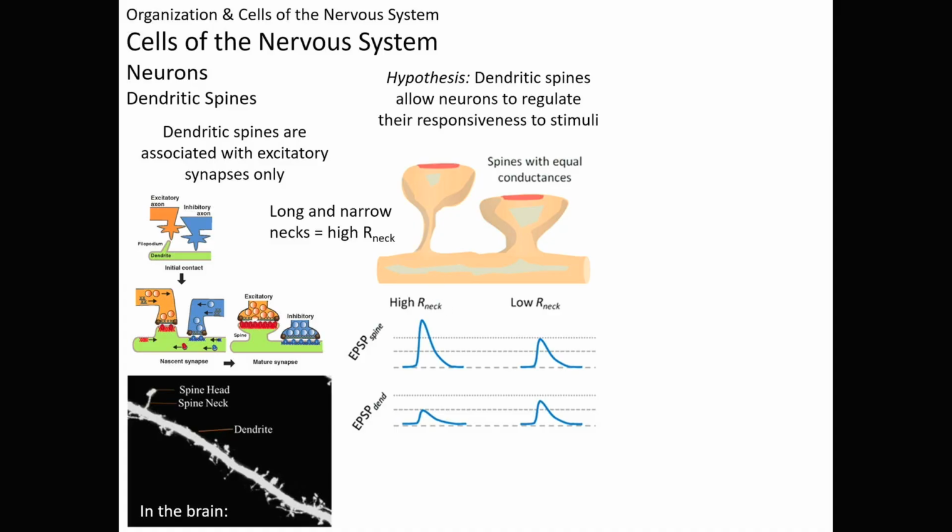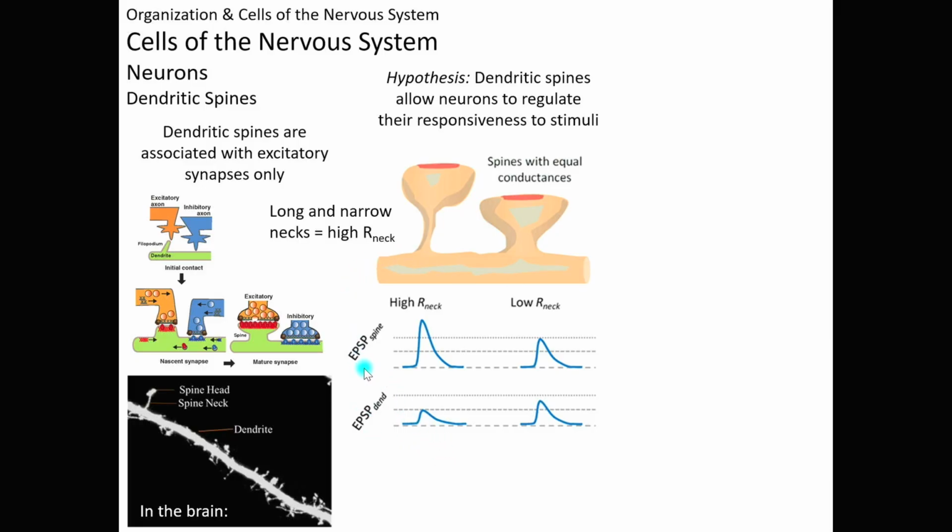Whereas if you have a short and wide neck, like the one on the right here, any excitatory signal that comes in through the head can very easily travel through that short, wide neck to get to the dendrite. So that's what they're illustrating for us down here in the figure.